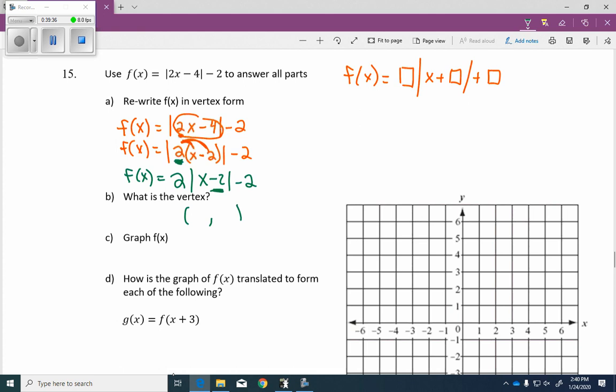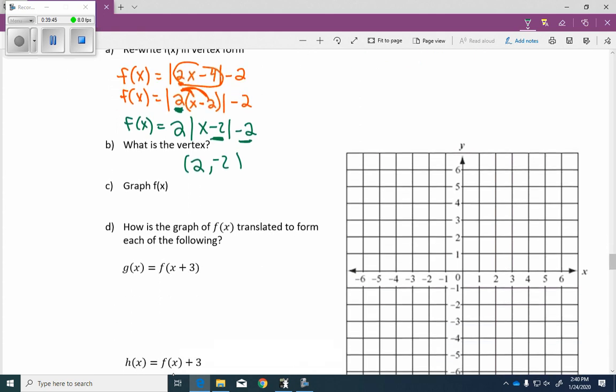This is a shift to the right, so it's a positive 2. This is a shift down, so it's negative 2. I can graph it now just using that vertex of 2, -2, and knowing that it's steep. It's going to go up 2 over 1 on each side of the V.